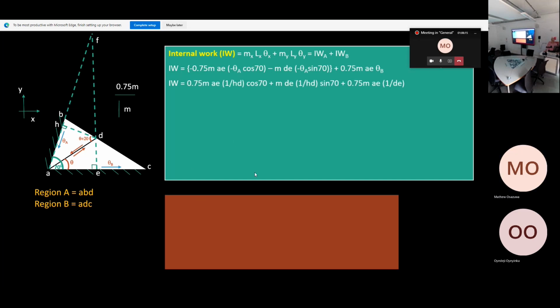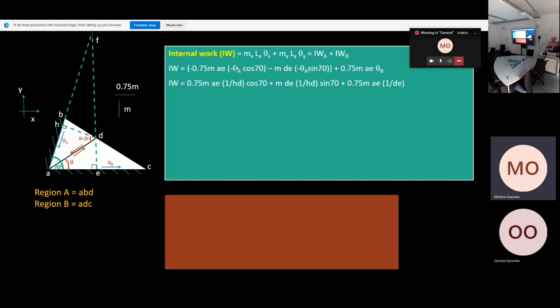Further, what I've done here, I have substituted. Can you see this rotation here? The rotation theta A is equal to 1. You know the maximum displacement is 1 along the edge. We assume we have a unit displacement. So the rotation theta A will be equal to 1 out of plane over the perpendicular distance hd. So I've substituted theta A here by 1 over hd.